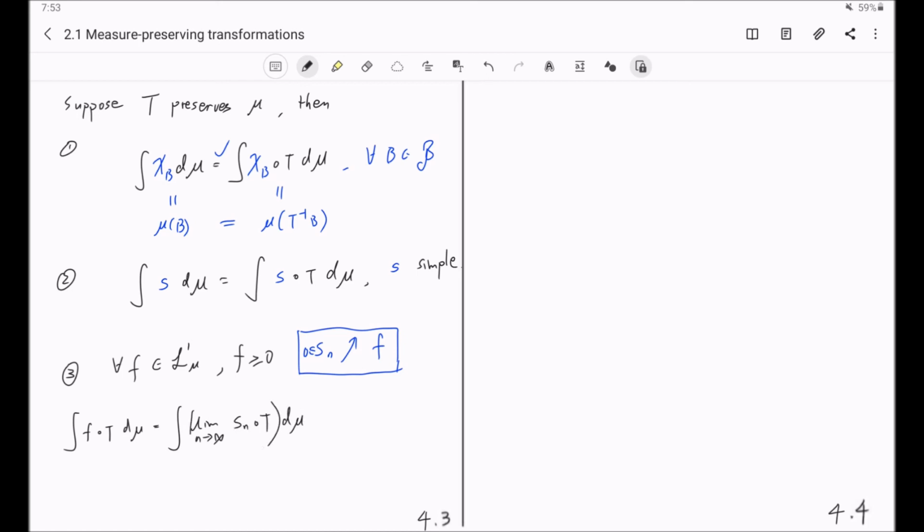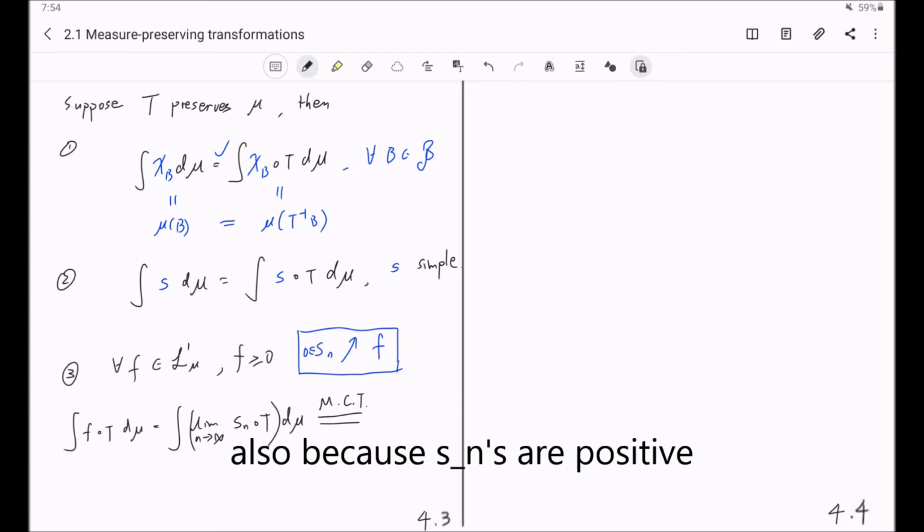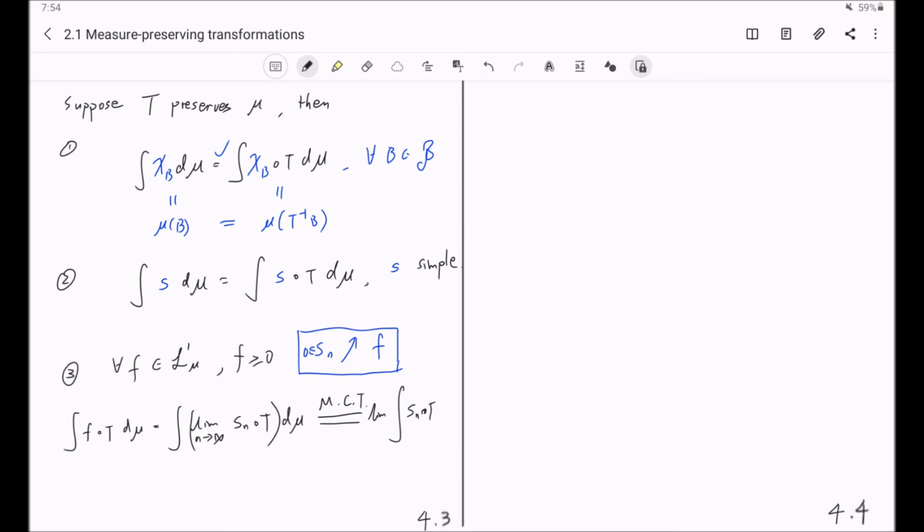But now, by the monotone convergence theorem in measure theory, you can pull this limit outside of this integral because of the monotonicity of s sub n. So this is really equal to the limit of this integral as n goes to infinity.